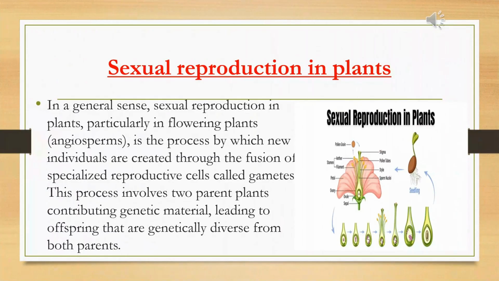This process involves two parent plants contributing genetic material, leading to offspring that are genetically diverse from both parents. As you can see in this image, the whole process of sexual reproduction in plants is shown.